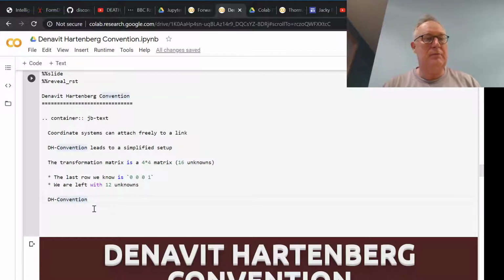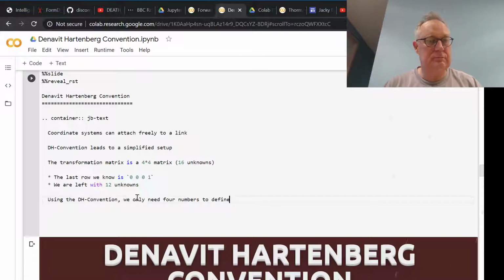So the Denavit-Hartenberg convention comes up with a clever way so that we only need 4 numbers to define the transformation matrix.